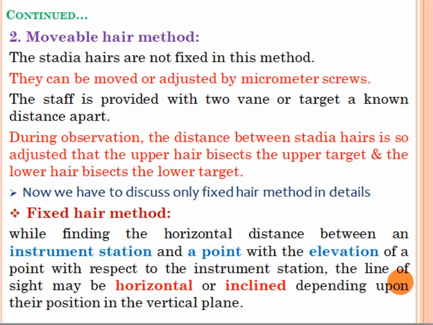We will see that case by case. For your syllabus in the fixed hair method, you have to keep the staff exactly vertical, not inclined, so there is no adjustment in your formula. One by one we see each case.